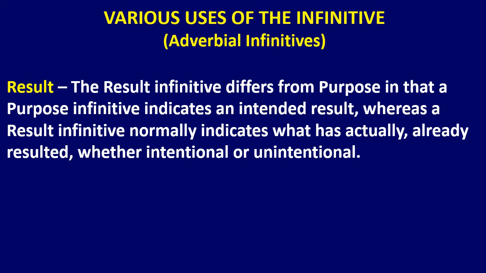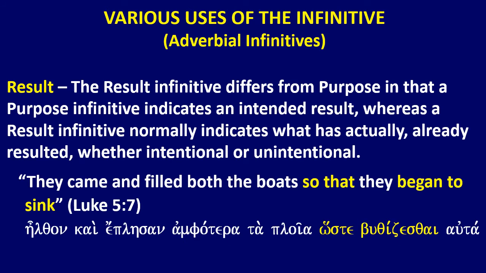This use of the infinitive is relatively common. I would say it's not as common as the purpose infinitive or even the complementary infinitive we saw in the two previous examples.